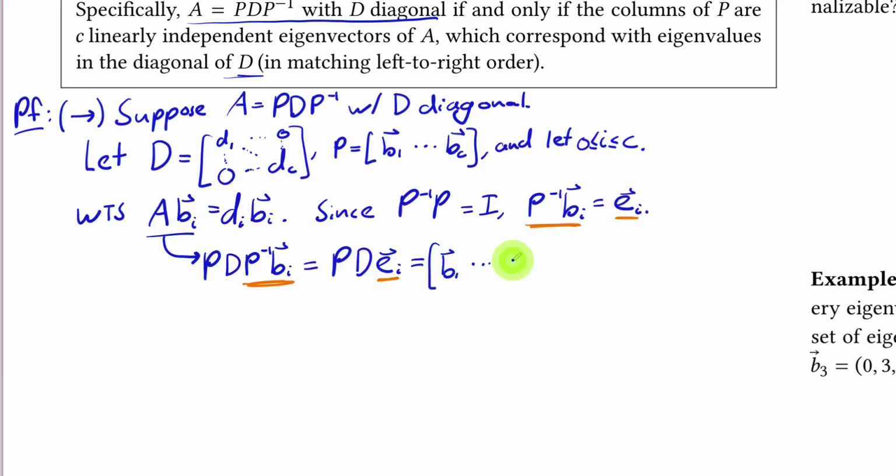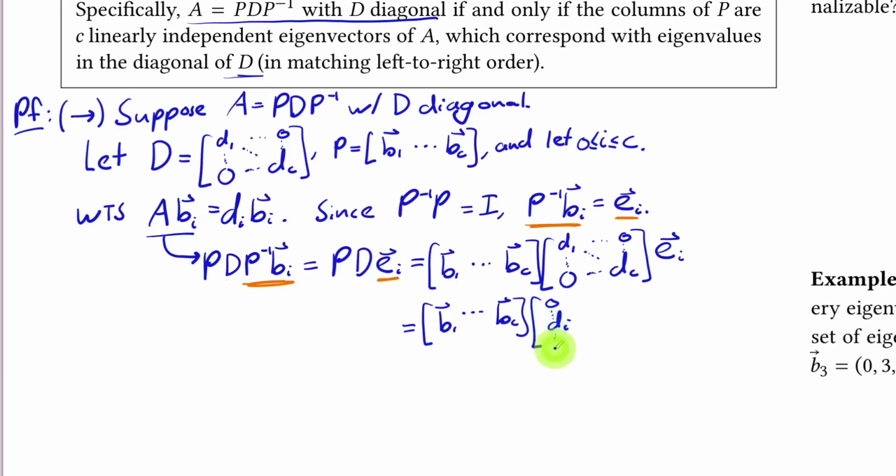Here's P, has these columns, and D looks like that, and we're multiplying that by EI. Well, we're just going to get the ith column of D here because we're doing 0 times all the other columns and then 1 times that column of D. So we get something with all zeros except for that ith diagonal entry here.